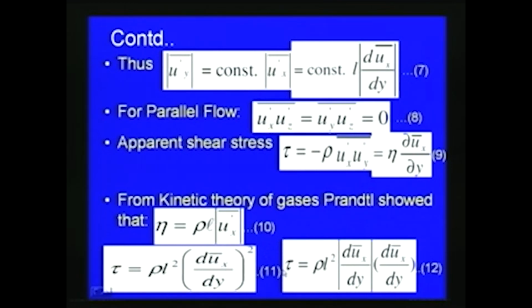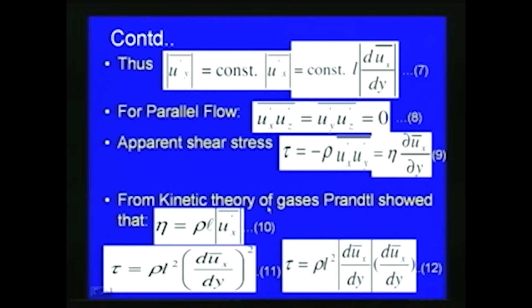So, taking the sign into consideration, we can write tau is equal to rho L square, the modulus of du x bar by dy, into du x bar by dy, so that the sign is taken care of, as shown in equation number 12.